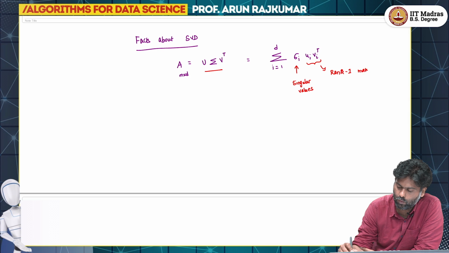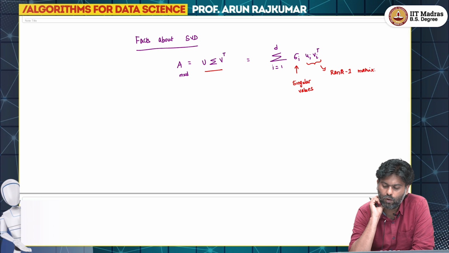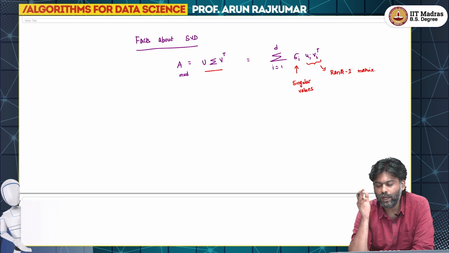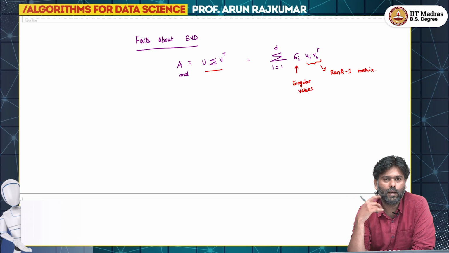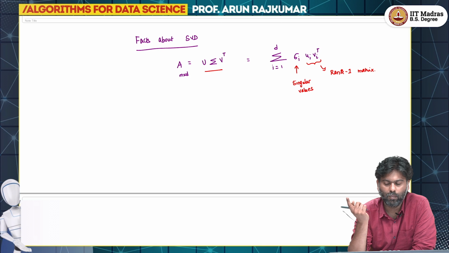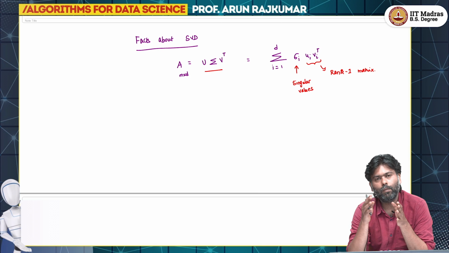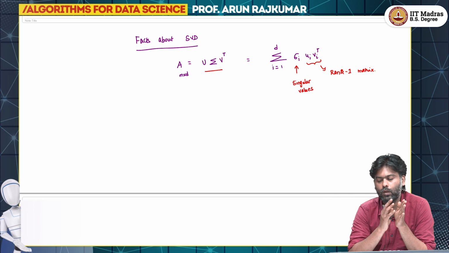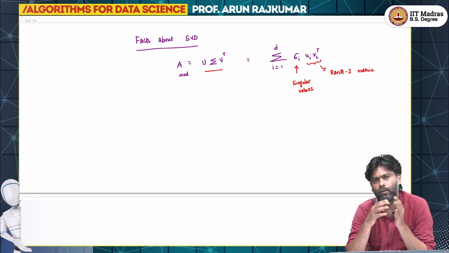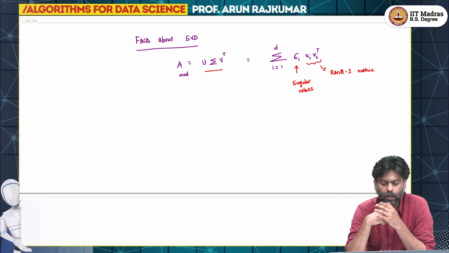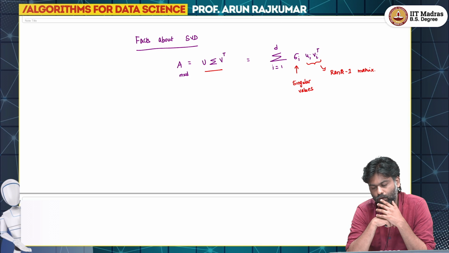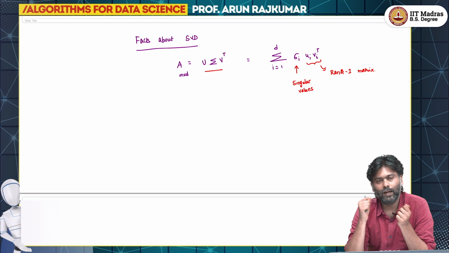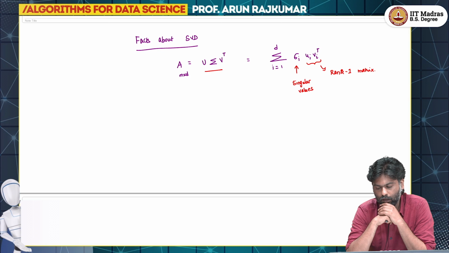What we are essentially saying is that we are summing up D different rank 1 matrices and scaling them appropriately, which is sigma i's. So if you sum up 2 rank 1 matrices, the matrix that you will get will be at most rank 2. So if you sum up D rank 1 matrices, the matrix that you will get will be at most rank D, and that's what this essentially says. If sigma i's are all positive, you will get a rank D matrix because you are summing up D rank 1 matrices.